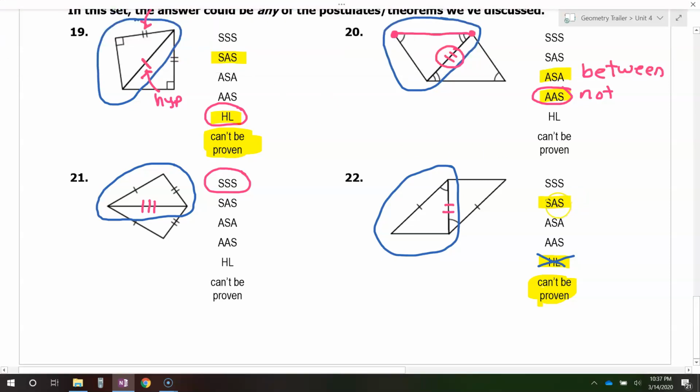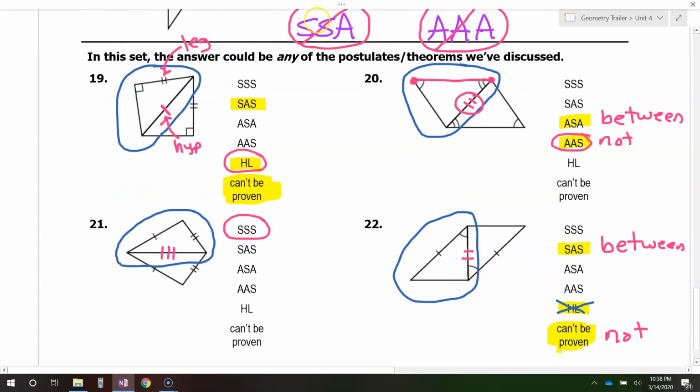Well, it'll be the first one if the angle is between. If the angle is between the two sides, it's side-angle-side. If the angle is not between, then it can't be proven because that'll be side-side-angle, which proves nothing.